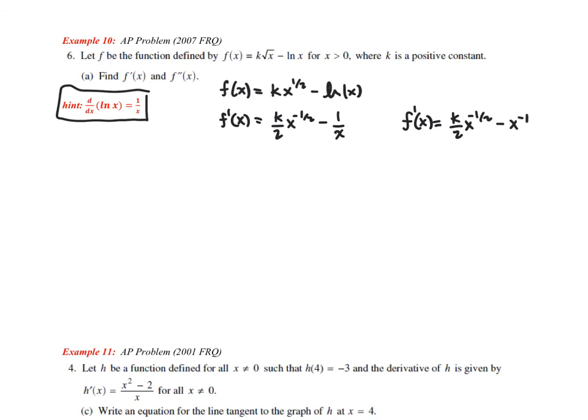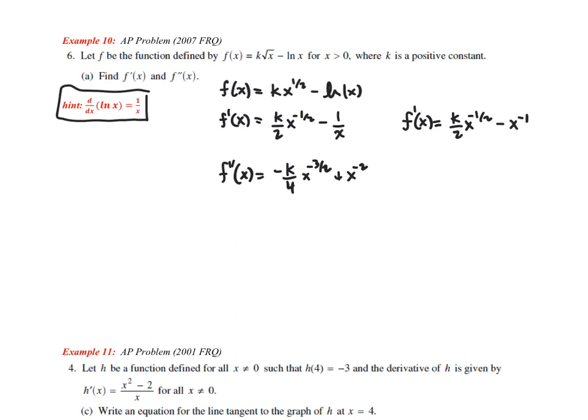Now I've got everything in power rule form. So the second derivative directly off of that will equal negative k over 4 x to the negative 3/2. I subtracted 1 from negative 1/2. And then for negative x to the negative 1, that'll be a positive 1 x to the negative 2.